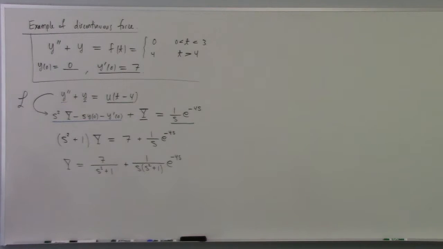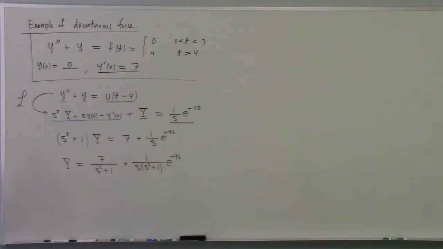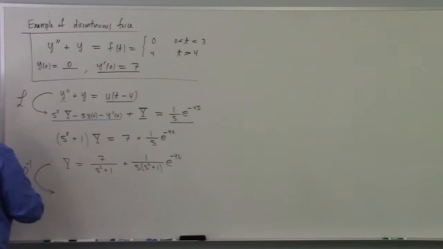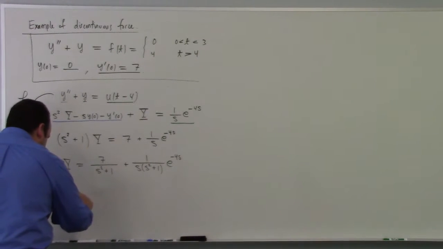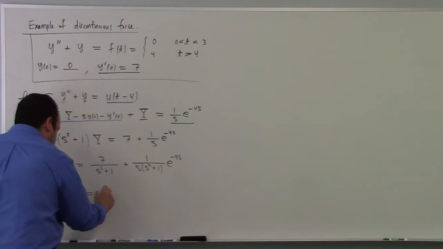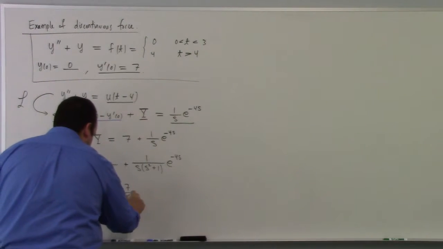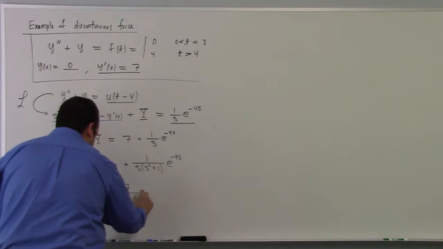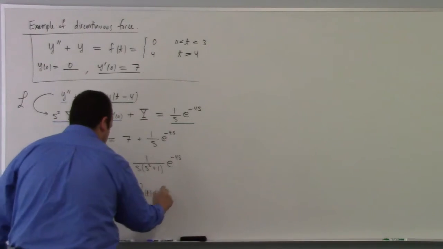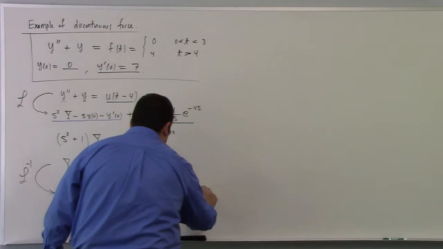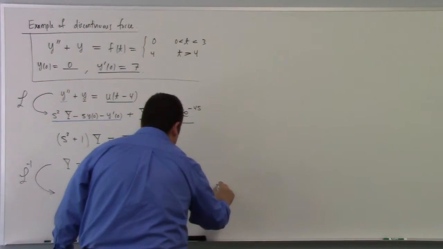Now, in order to calculate the solution, I need to take the inverse Laplace transform of this, right? So y of t will equal the inverse Laplace transform of 7 over s squared plus 1 at time t, plus the inverse Laplace transform of f of s times e to the minus 4s.